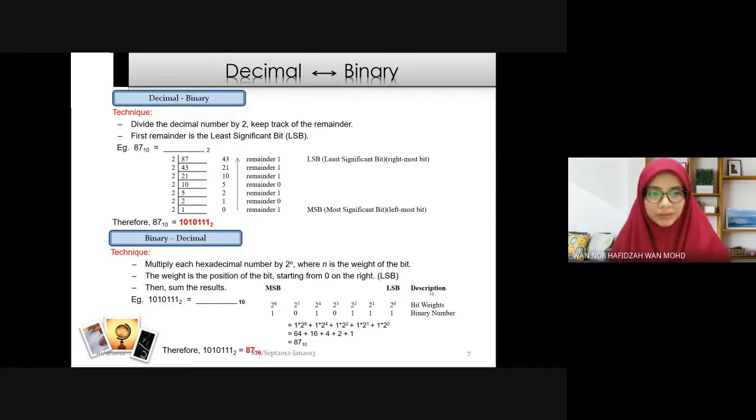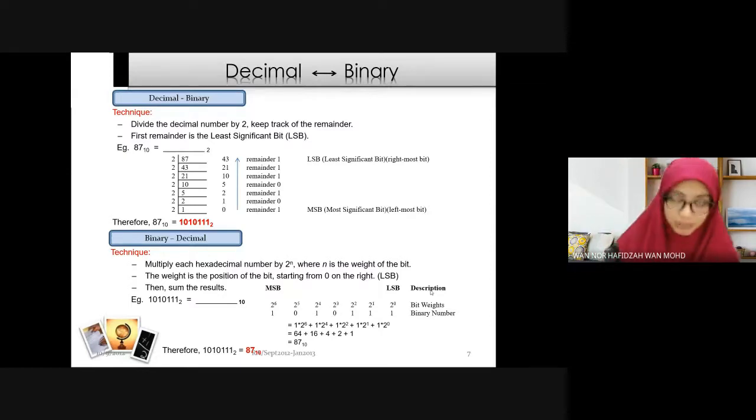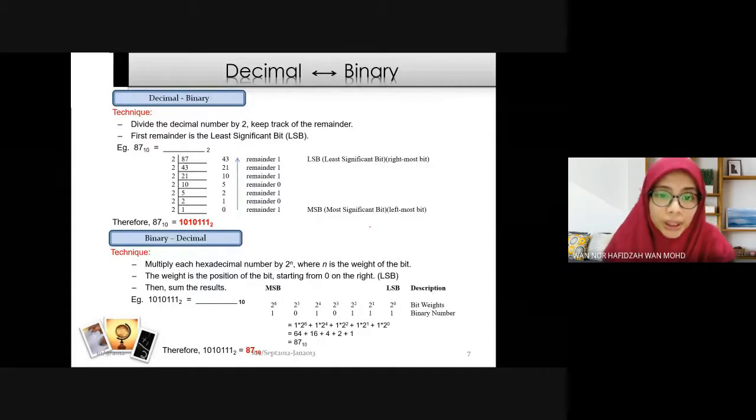Now, decimal to binary, binary to decimal. So let's look at this again. Tadi we already looked at binary to decimal, right? Now from decimal to binary. First, we need to divide the number by 2 and keep track of the remainder. The first remainder is the least significant bit.